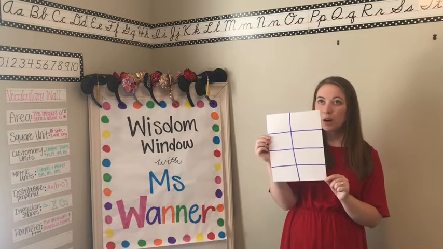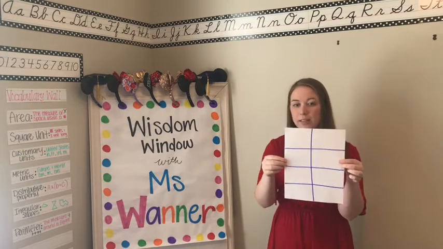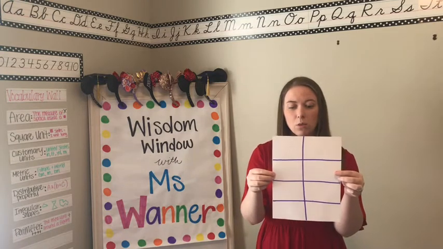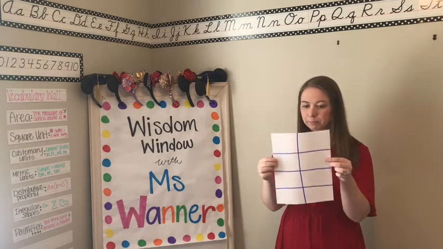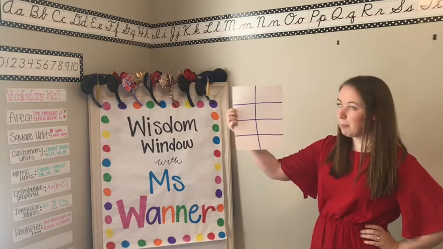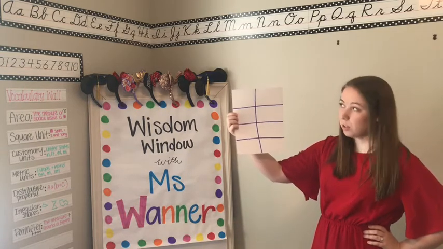So let's say I wanted to divide this shape into 2 equal parts. Well, how can I do that? How could I divide this paper into 2 equal parts using the grid shown?